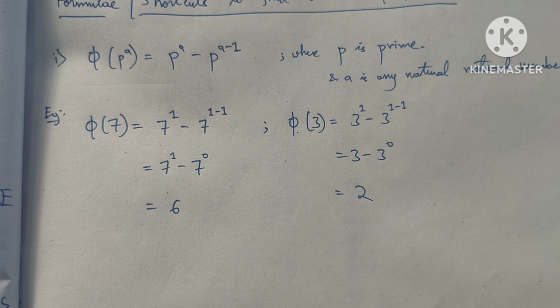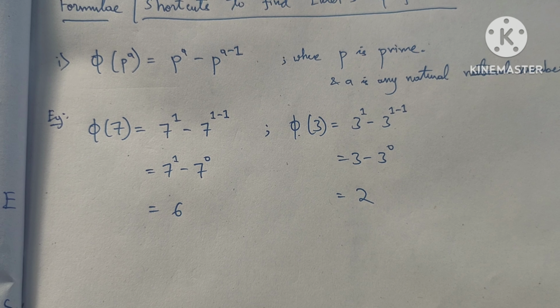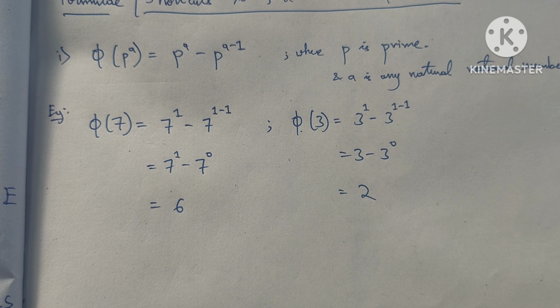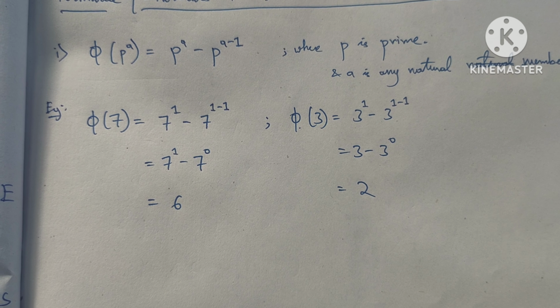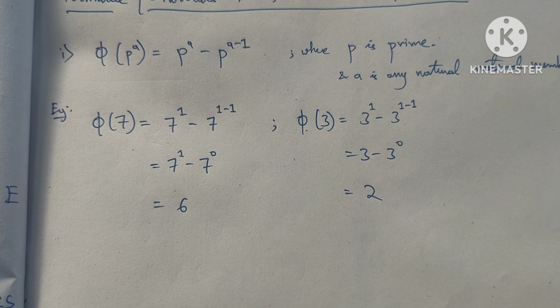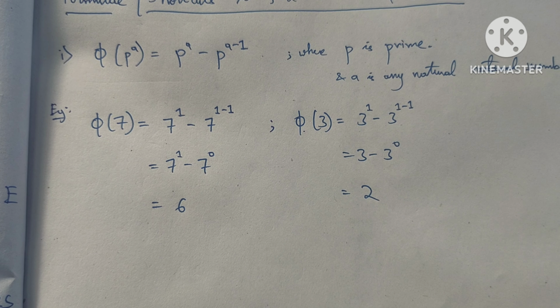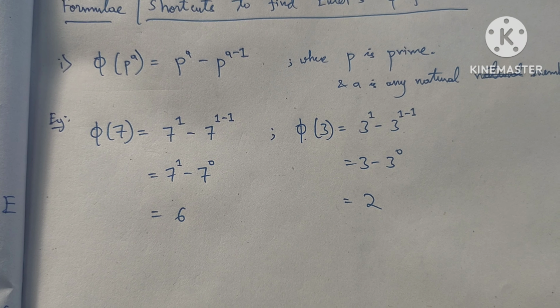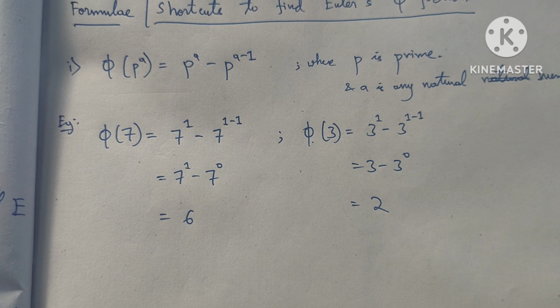Now what to do if it were phi 7 square, phi 7 cube, or phi 3 cube, phi 3 to the power 4? Now we will learn about those examples.